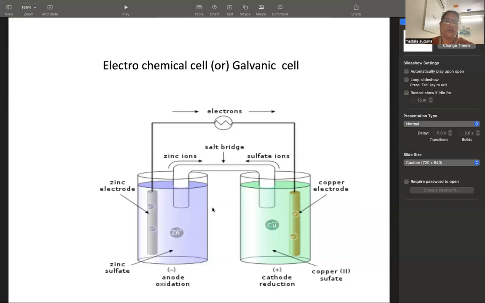Due to the redox chemical reaction, an excess number of positive ions are placed in the first compartment.